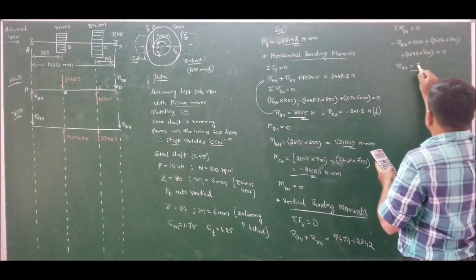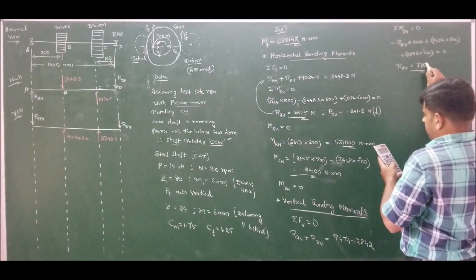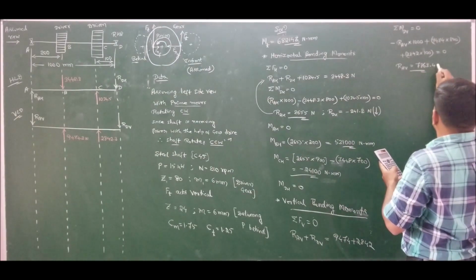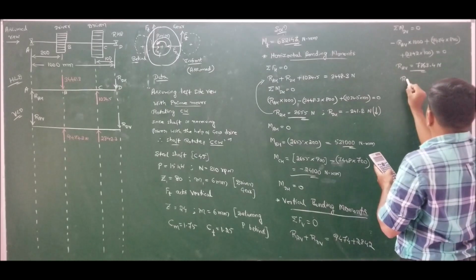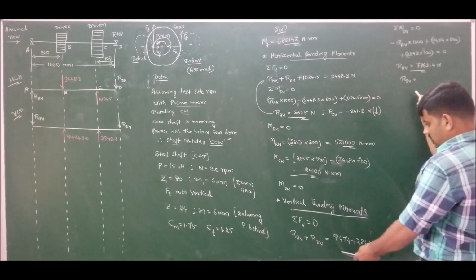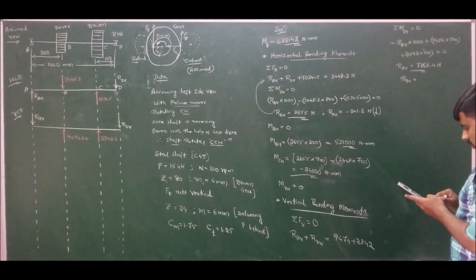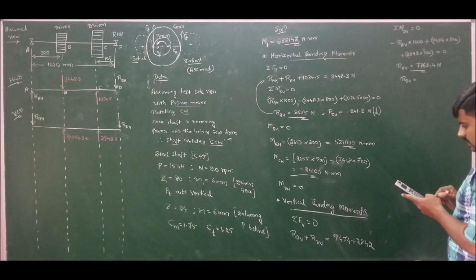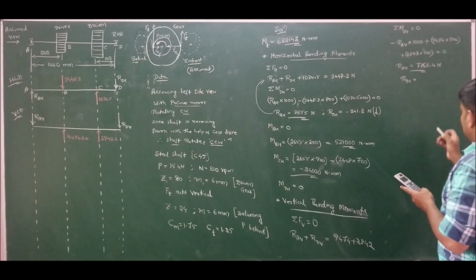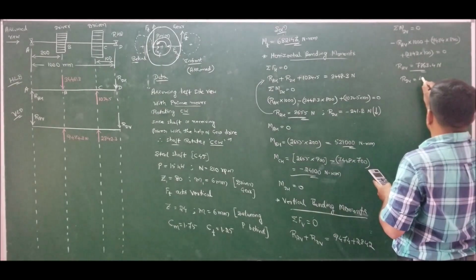RA vertical is 7863.4 newtons. So therefore RD vertical will be 9474 plus 2842 minus answer, 4452.6.